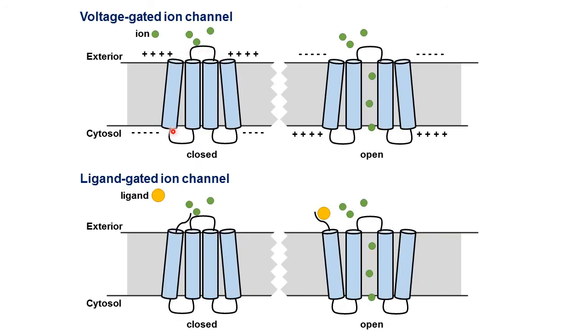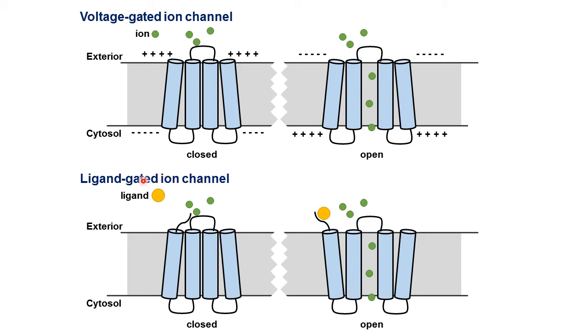So voltage gated ion channels are regulated by the membrane potential, and so when the gate is closed, ions cannot move through the channel, but when the gate is open, depending on the change in the membrane potential, ions can diffuse through.